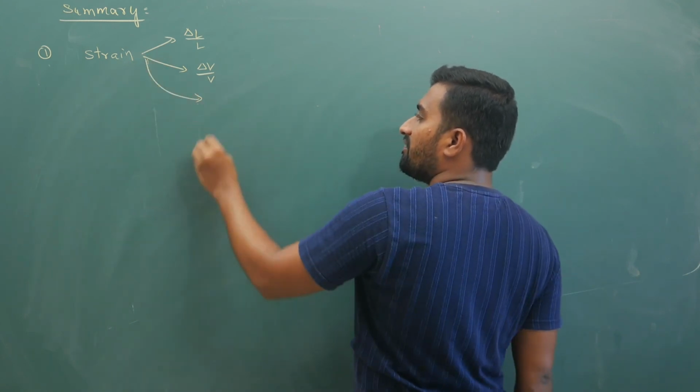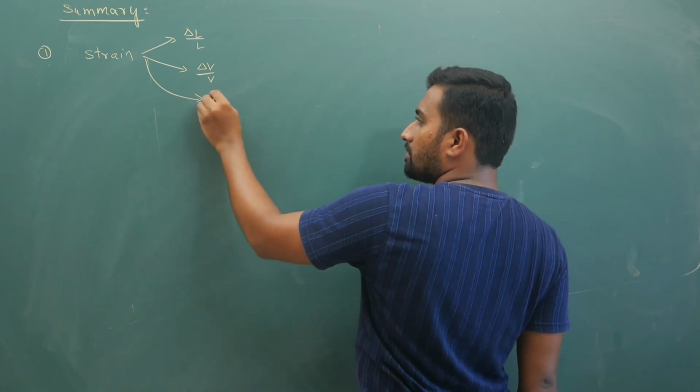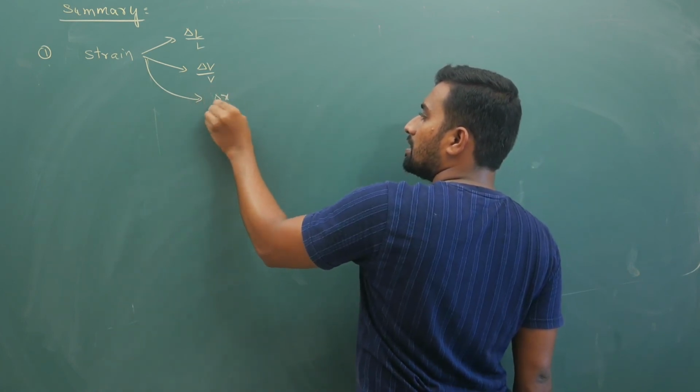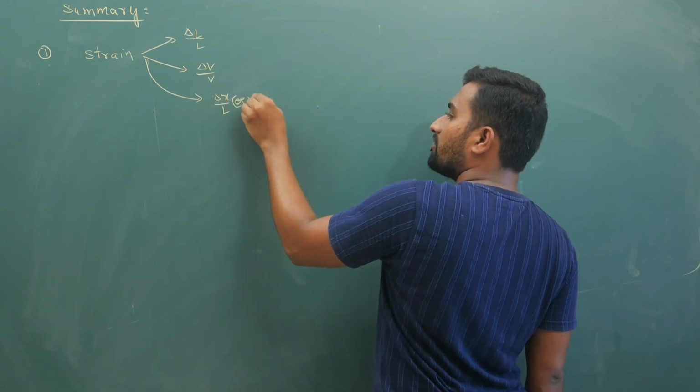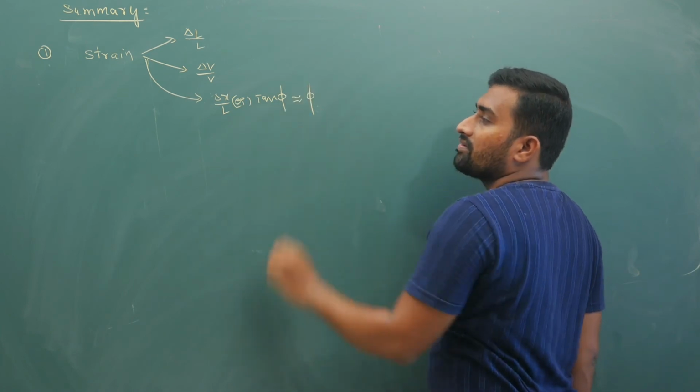And if it is shear strain, we will write delta x by L or tan phi, depending upon if the angle is big or it is just simply phi.